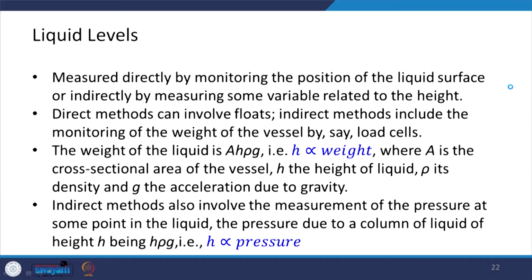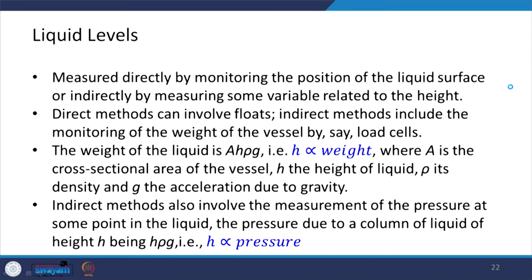The direct method can involve floats, as they are used in the water tanks in our houses, and the indirect method can include monitoring the weight of the vessel.